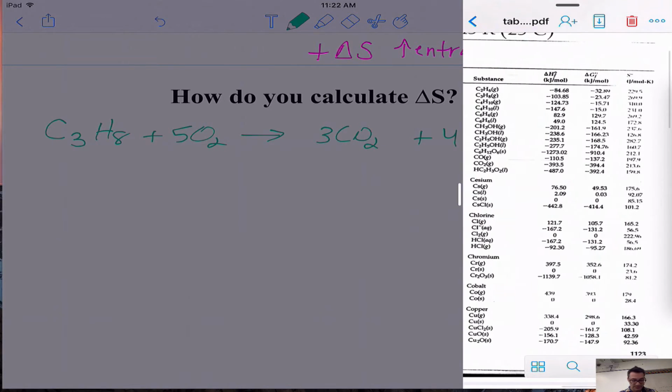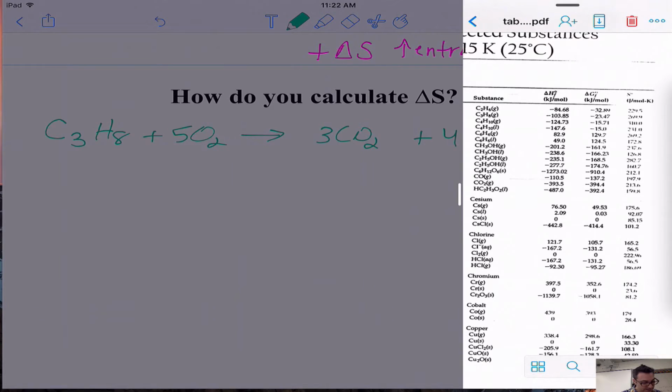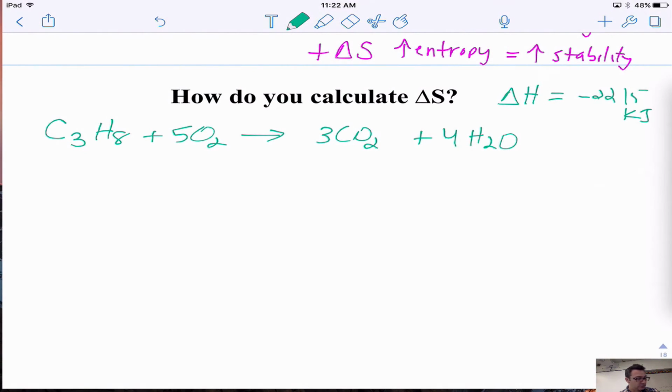So C3H8, when we go ahead and do that, we're going to get negative 10, nope, we're going to get positive 269 for C3H8. So our S value for this is 269.8, and that's in joules per mole Kelvin.